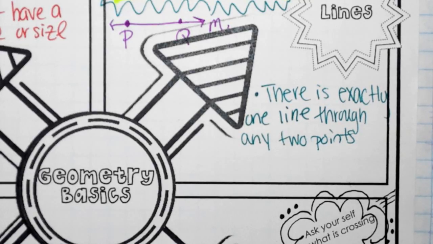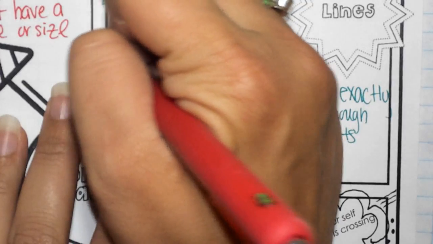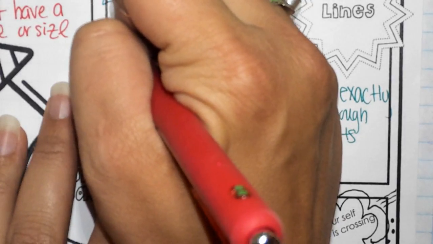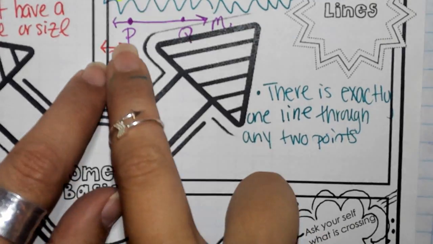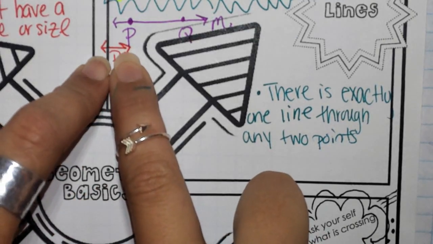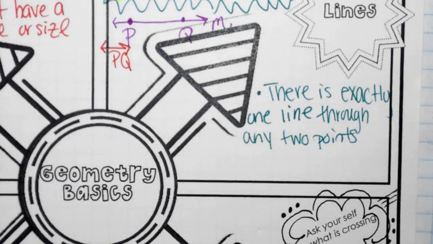The first way is you literally write P, Q, and then you draw a line on the top of it. Now, does a line go on forever or does it stop? Forever. So we need to put the arrows on the end. Otherwise, it's a segment. They are two different things.